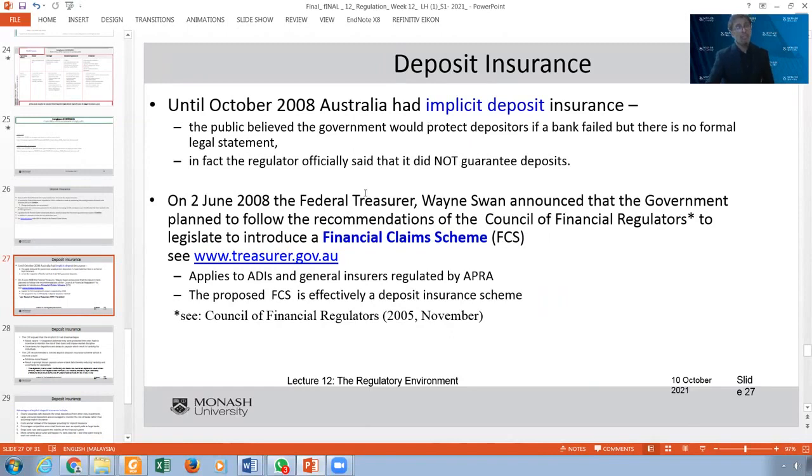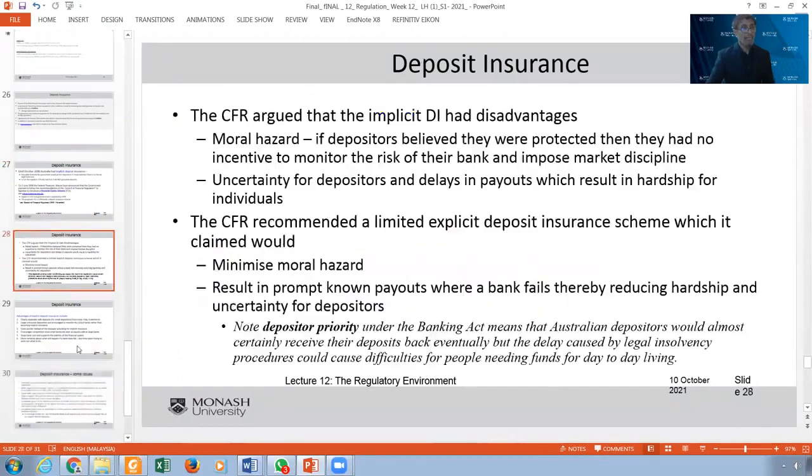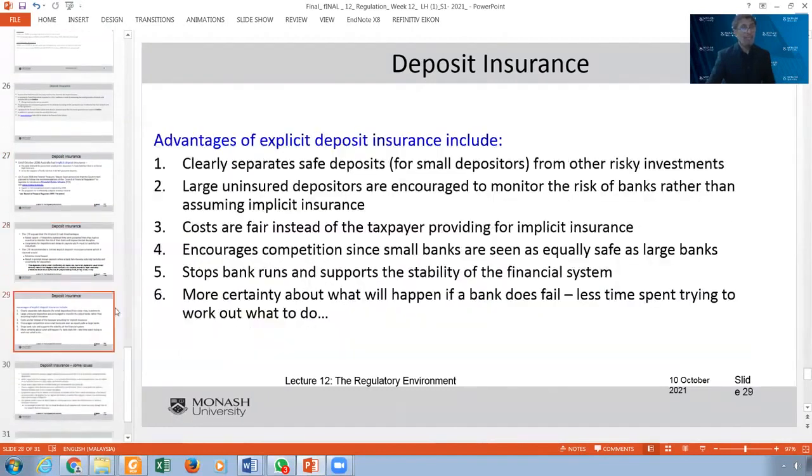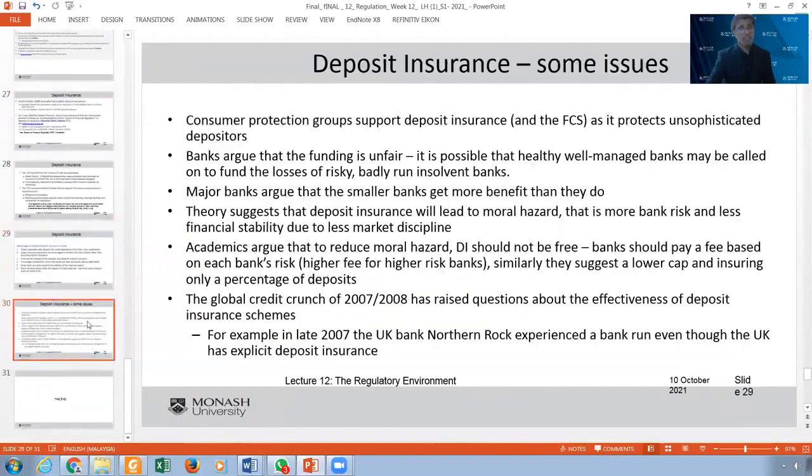In Australia, like Malaysia, they guarantee up to 250,000, and they keep updating these things. If you are a business, I think 1 million as a minimum balance, and therefore they are guaranteeing the system. You can read more about deposit insurance, which we have talked about.